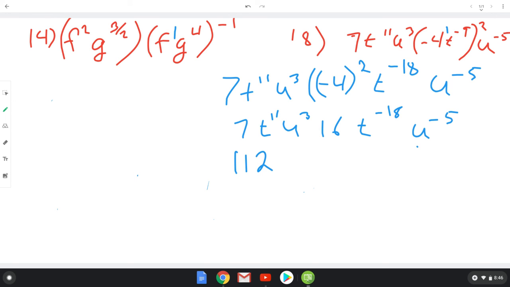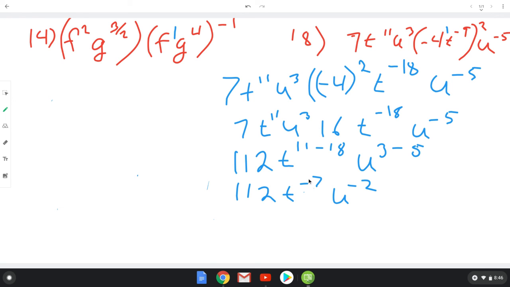And then I'm going to do t to the 11 minus 18, and u to the 3 minus 5. So that's 112. t to the 11 minus 18 is negative 7. And u to the 3 minus 5 is negative 2.